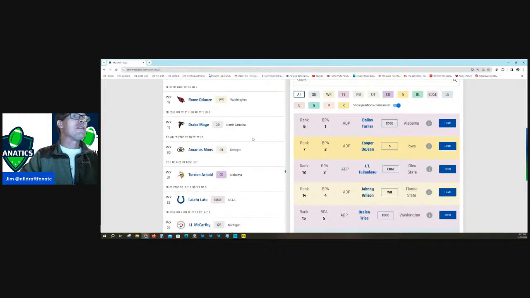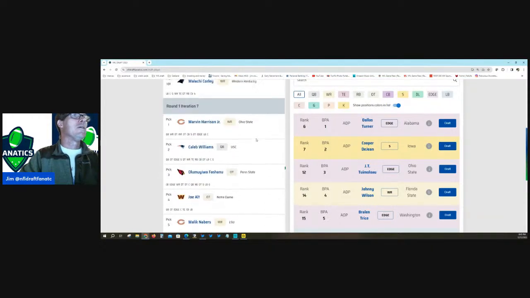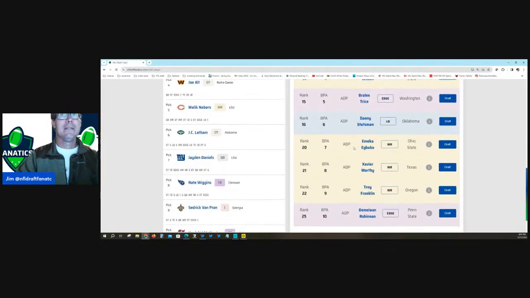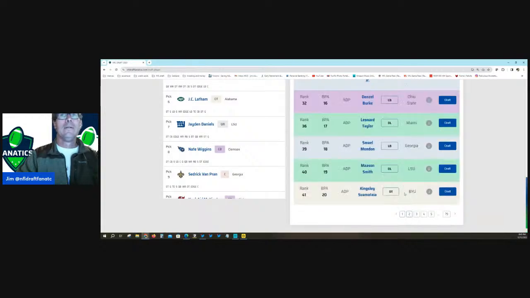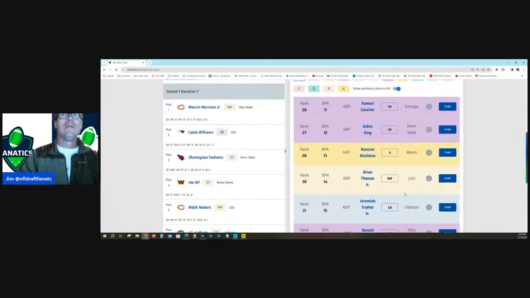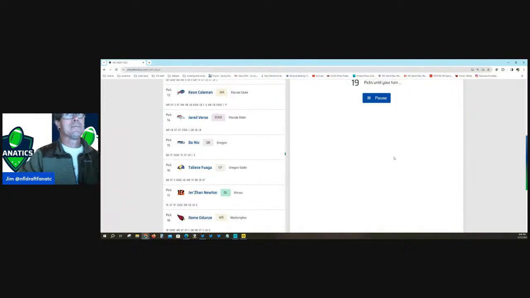Okay, so at this point, just to remind everybody of where we are, we're in iteration 7 of 15. So after this one, we're going to be halfway done. Kitchens should be higher than the 2 people above him. That's why I'm picking him.